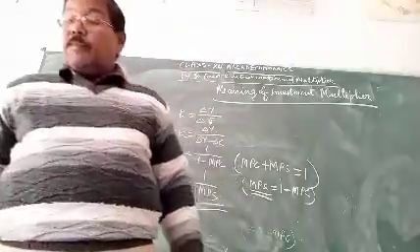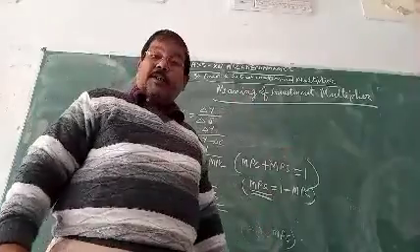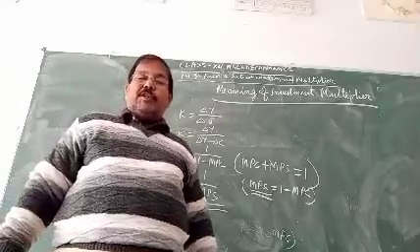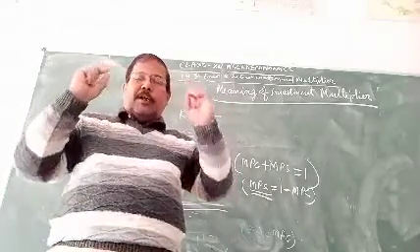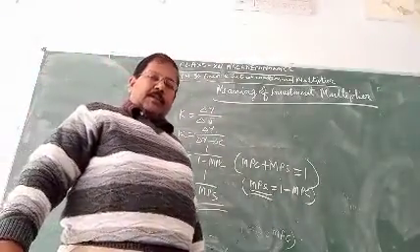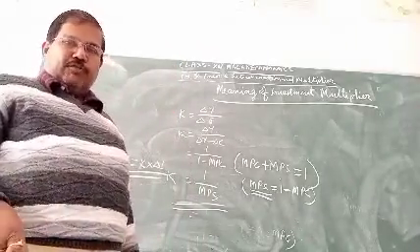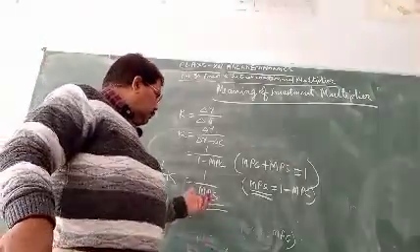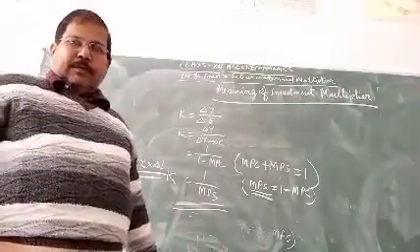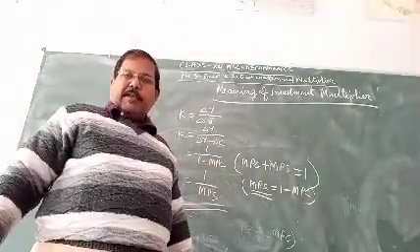So, today we have considered the meaning of investment multiplier, the relationship between marginal propensity to consume and multiplier, and second, the relationship between the multiplier and marginal propensity to save, and how the multiplier can be ascertained with the help of MPC and MPS.